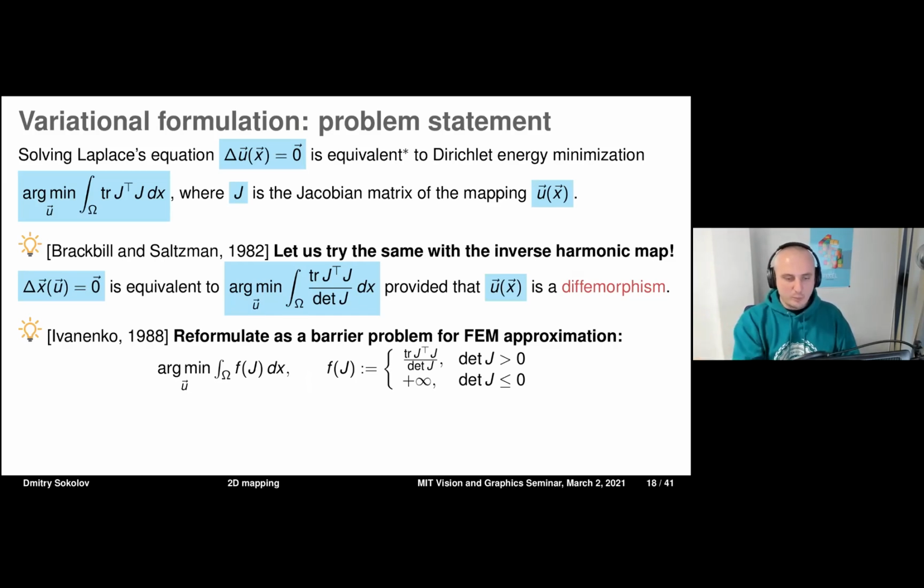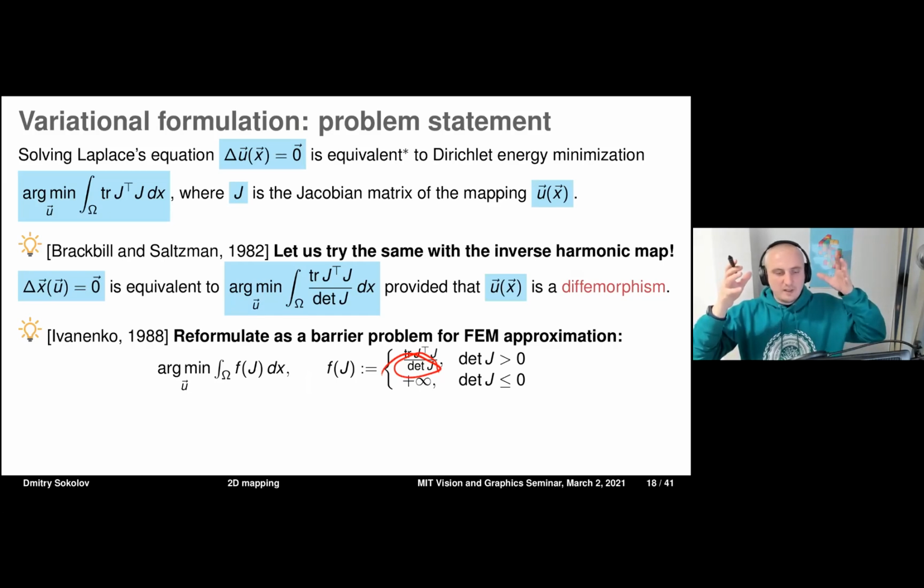The fact that we divide by the Jacobian determinant naturally creates a barrier. It means that if we start with a map without inverted elements, no elements will be inverted during the optimization phase.